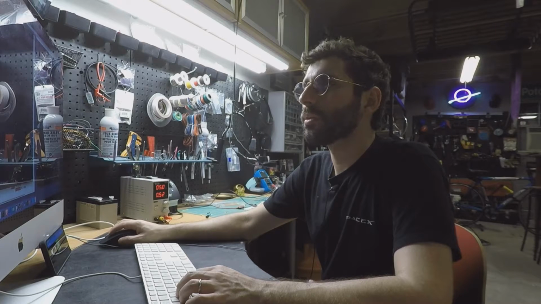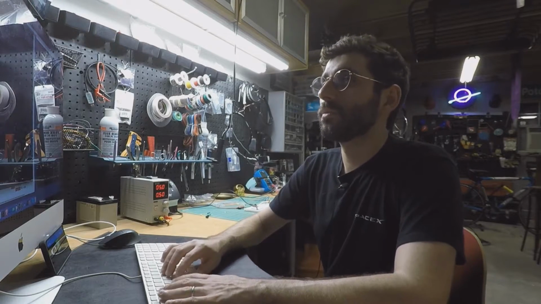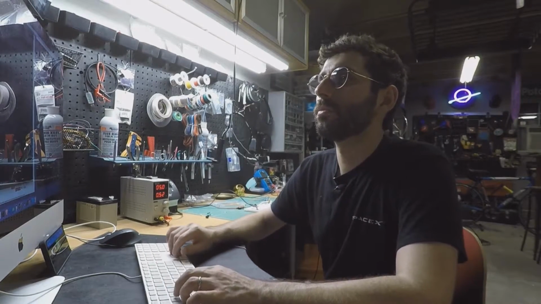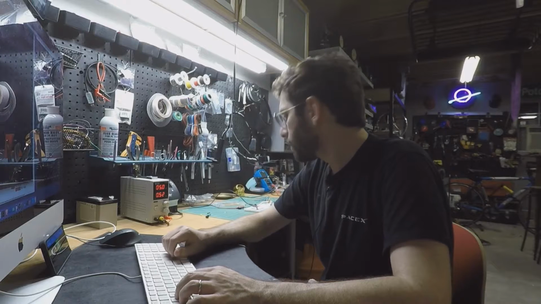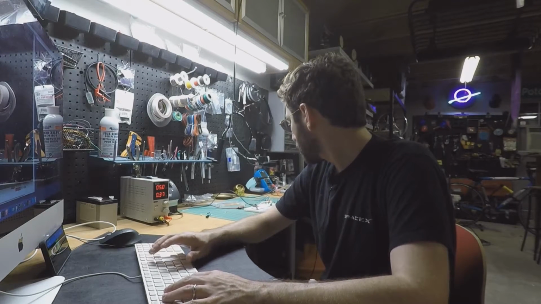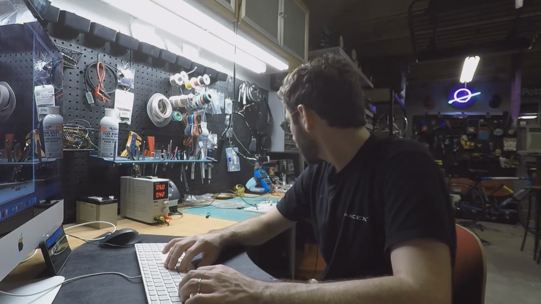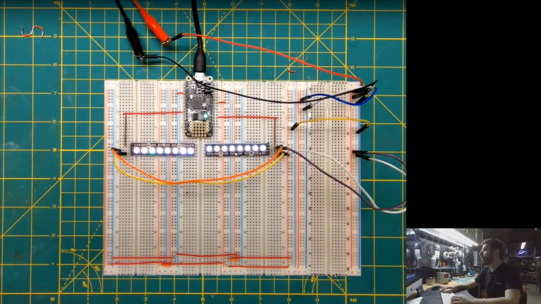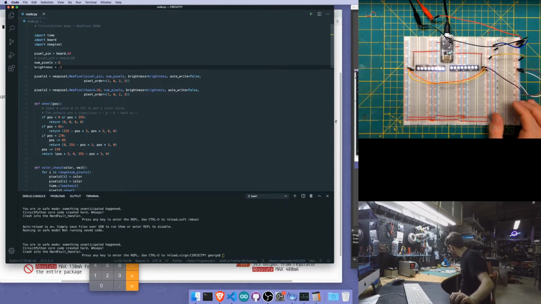Okay, so at 0.8 brightness, we're getting some crazy flickering happening. That's so weird. What is causing this?